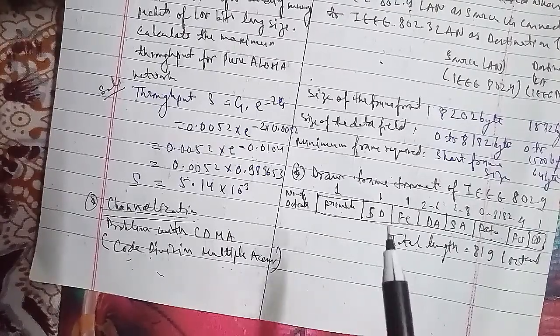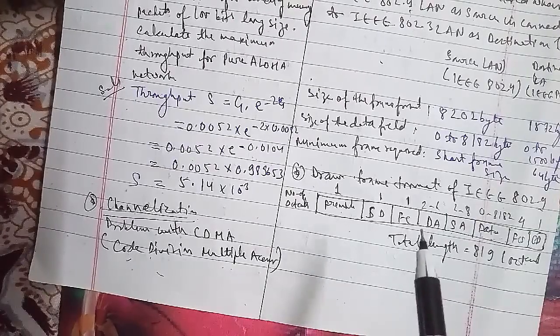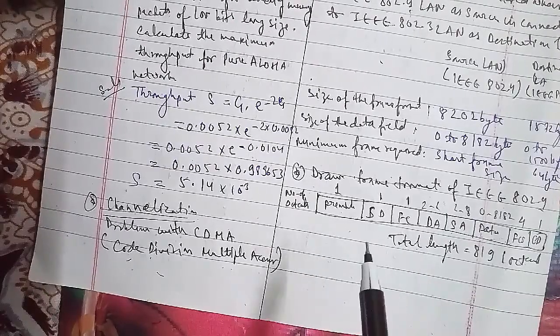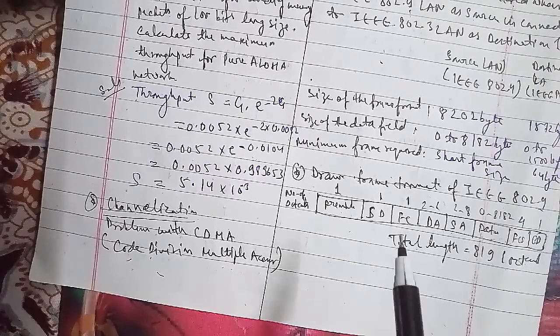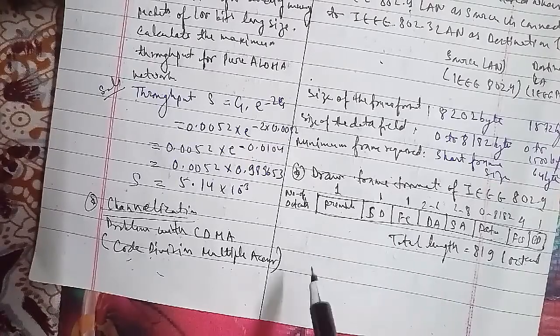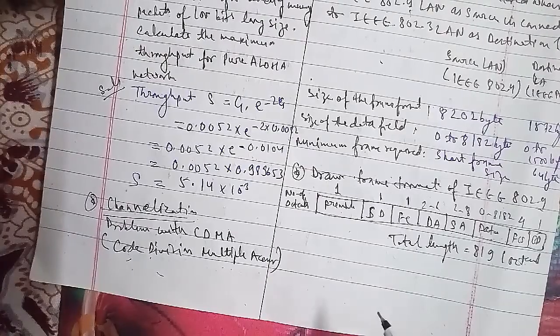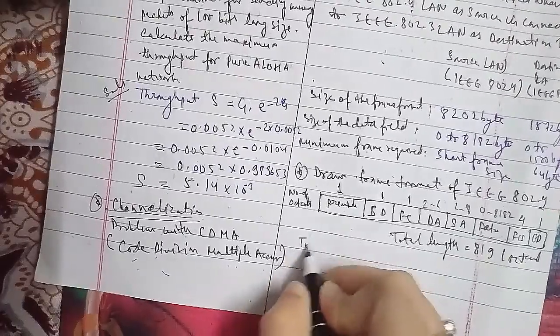And the access control is a 1 octet long field containing the priority bit P, token bit T, monitoring bit M, and the reservation bit R. With regard to the frame control FC, it is a 1 octet long field that indicates the type of the frame, data frame or control frame. It also distinguishes the control frames.